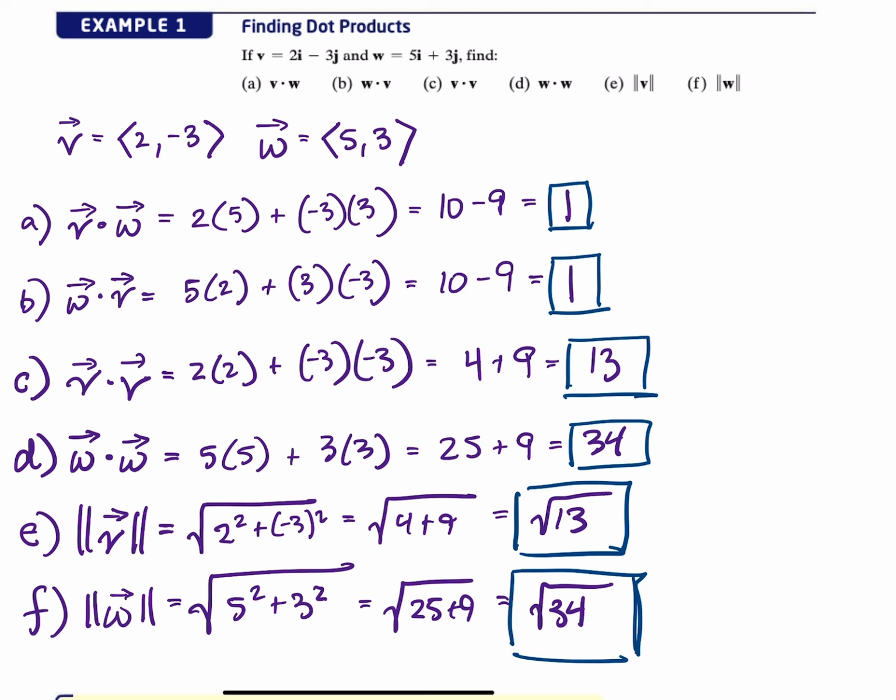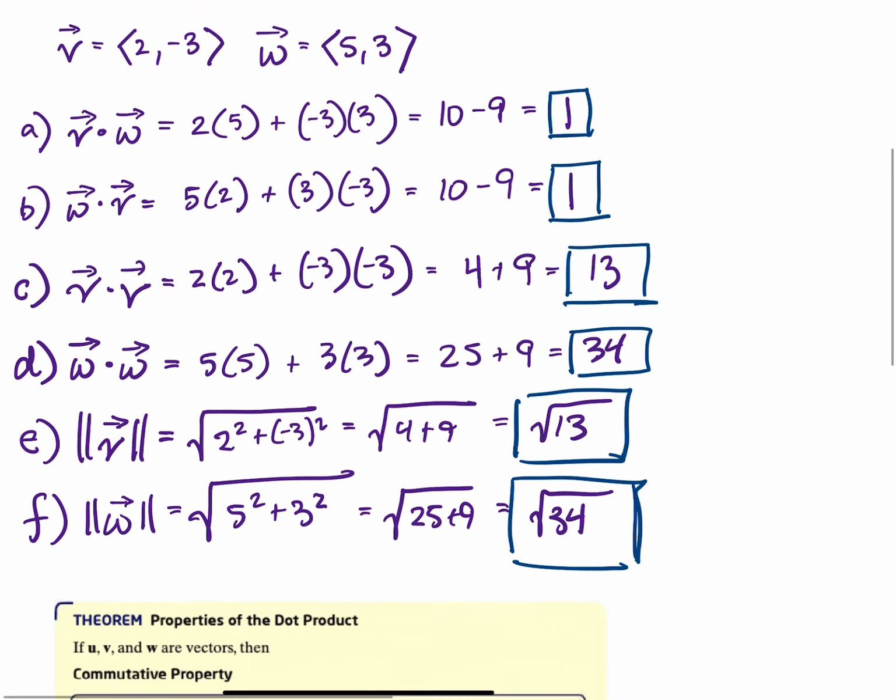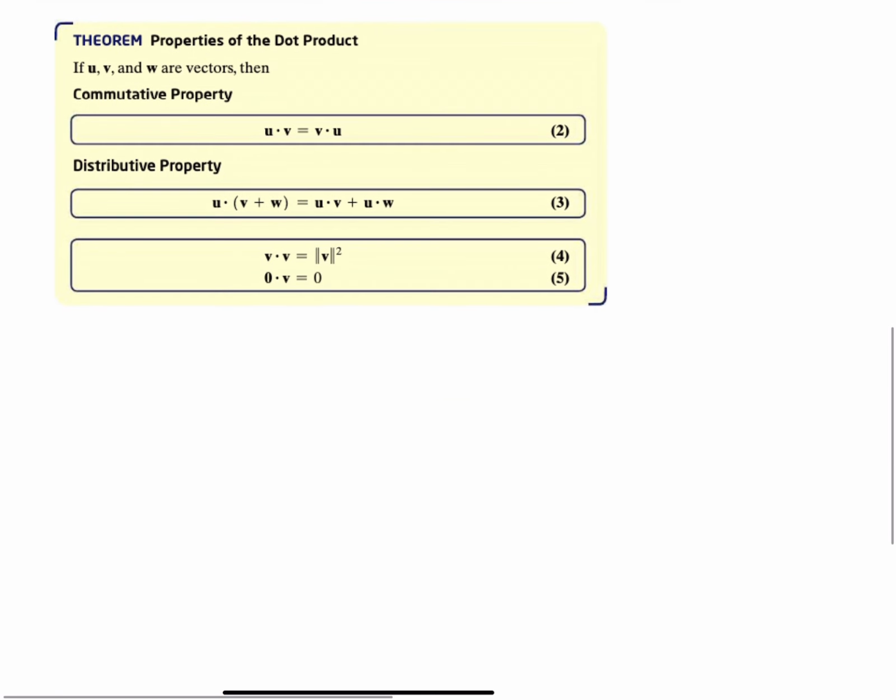So this gives us some properties of the dot product, which the text defines for us here. We said that the dot product is commutative, meaning u dot v is equal to v dot u.